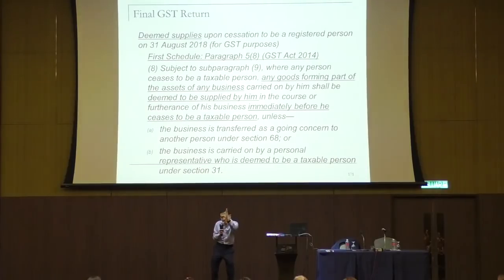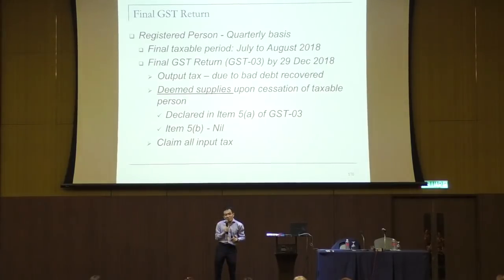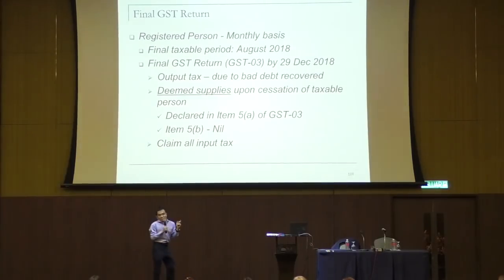How much fixed asset you have in the company not sold? Deemed supply rate subject to GST. But luckily, take note, this happened when? 31st August. What is the GST rate for 31st August? 0.